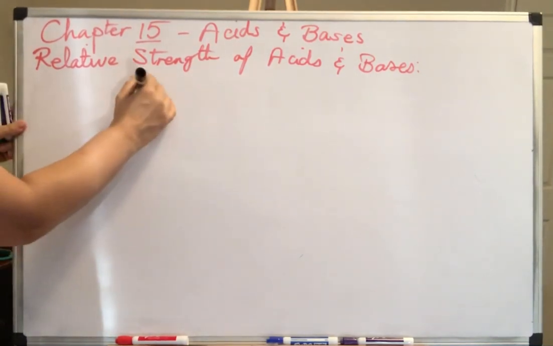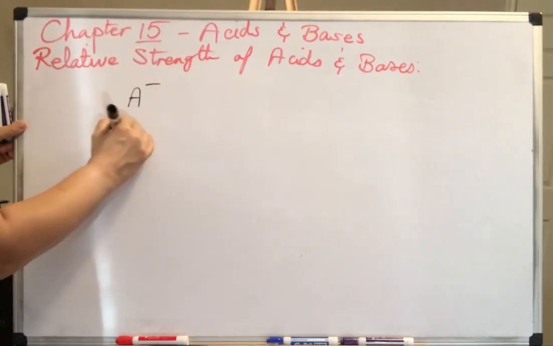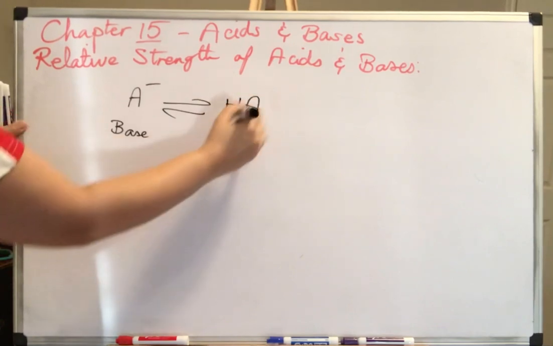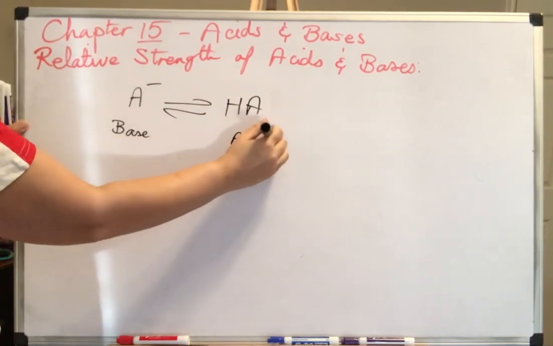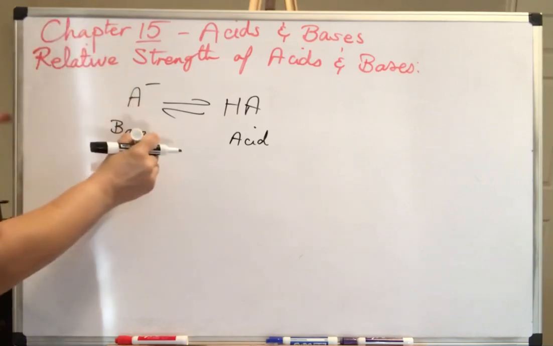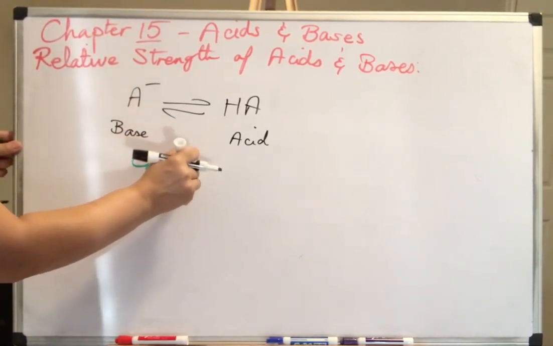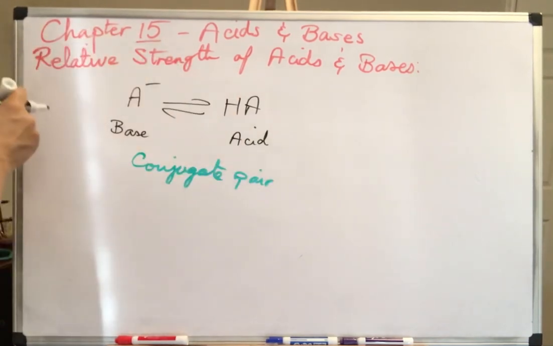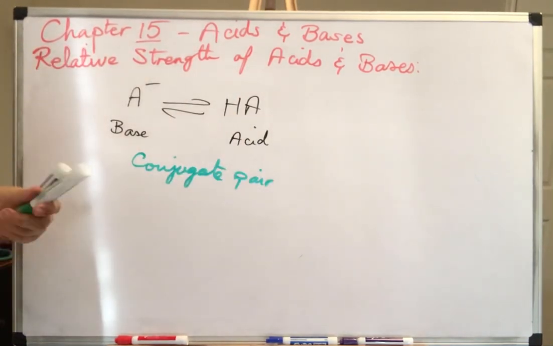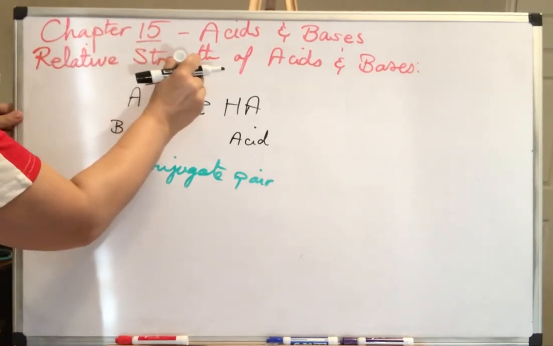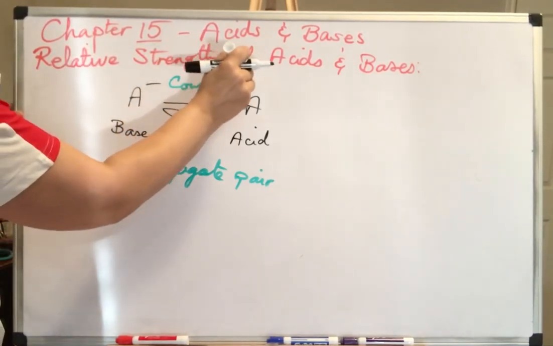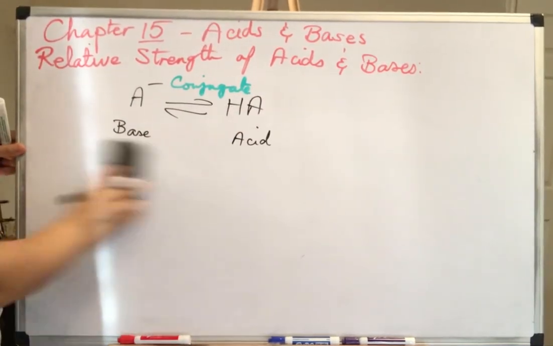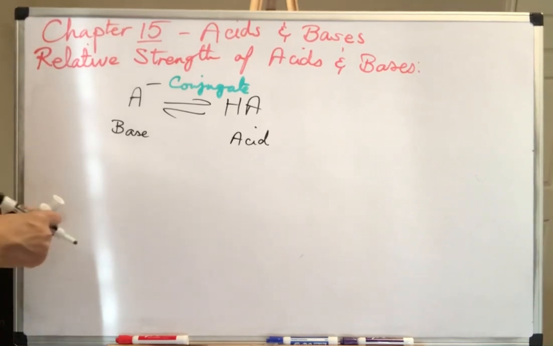So if you consider this as the base and this as the acid, and this is a conjugate pair, I'll write the conjugate here because I need the space here. All right, so there is a balance between them.